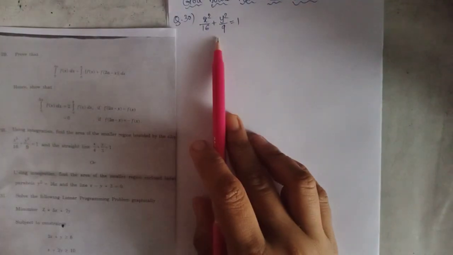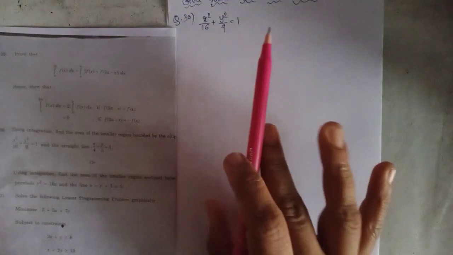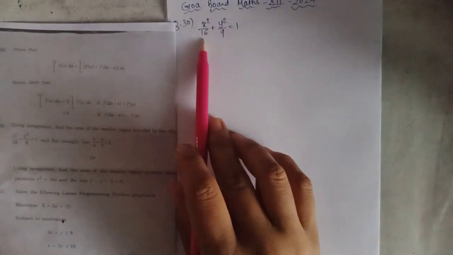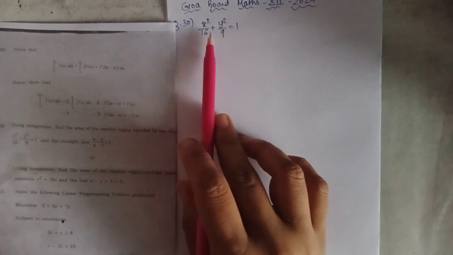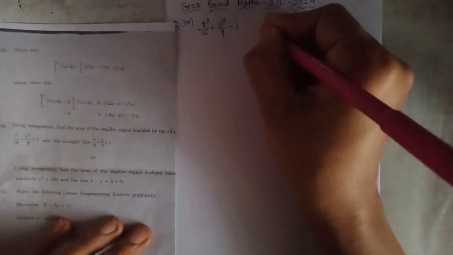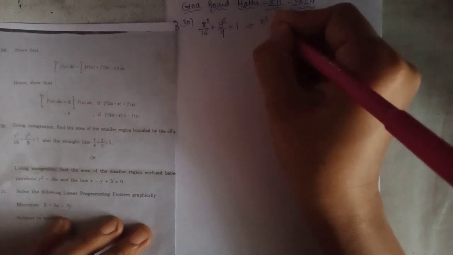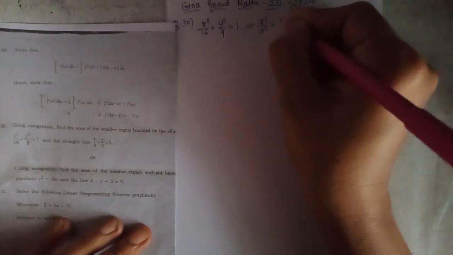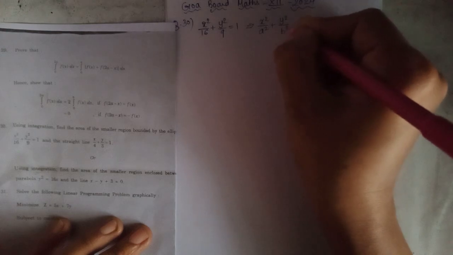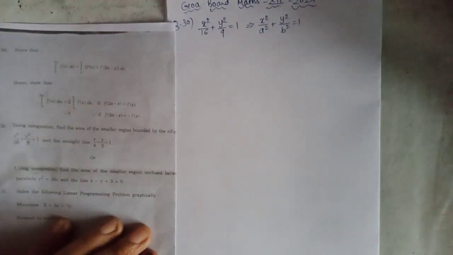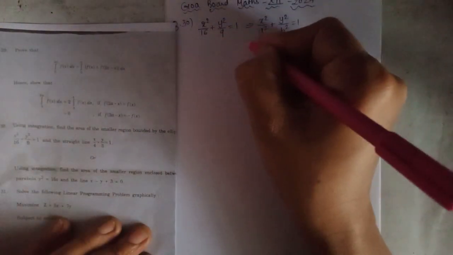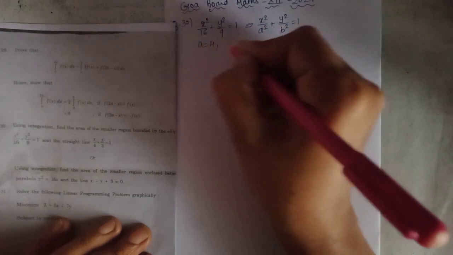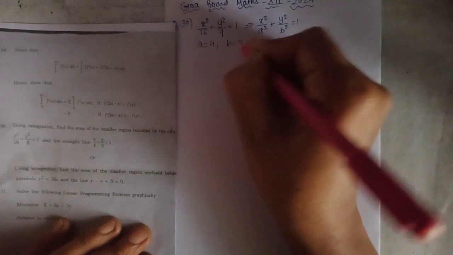We know that the equation of the ellipse is written as x square upon a square plus y square upon b square equal to 1. Comparing, this is a horizontal ellipse as a is bigger, with a equal to 4 and b equal to 3.